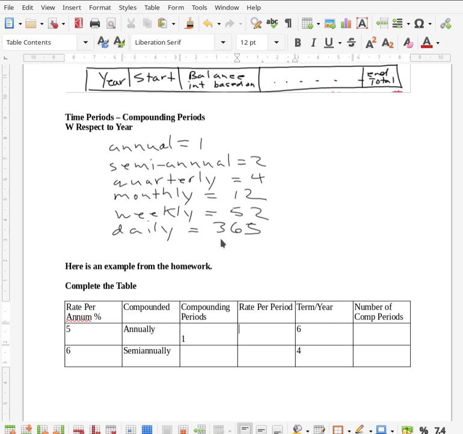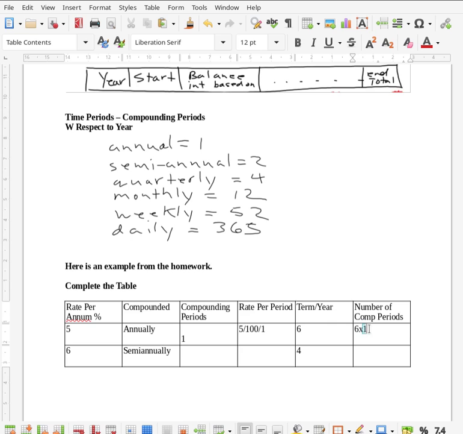The rate of the compounding for the year is going to be 5 divided by 100, and then we divide by the number 1 that we have in our compounding periods. The number of compounding periods is just 6 times the number 1.